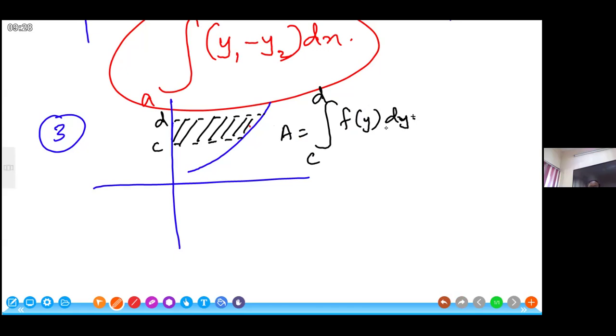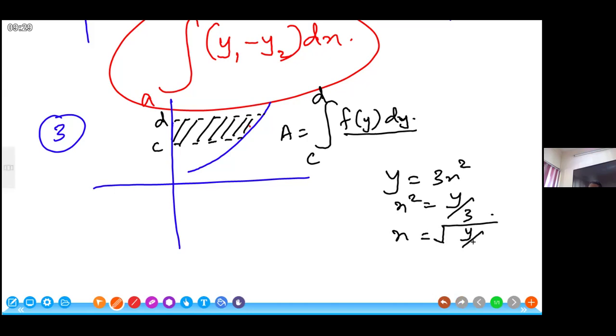For example, if you are given y equals 3x squared, then we have to bring it into terms of y. x squared is y by 3, x is equal to the square root of y by 3.